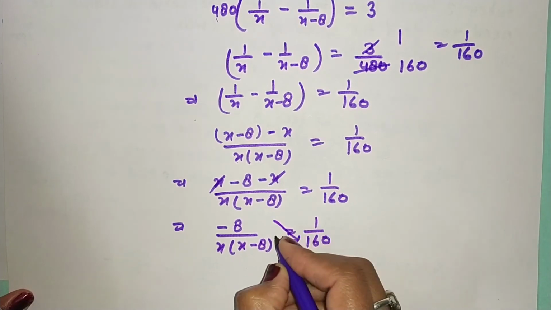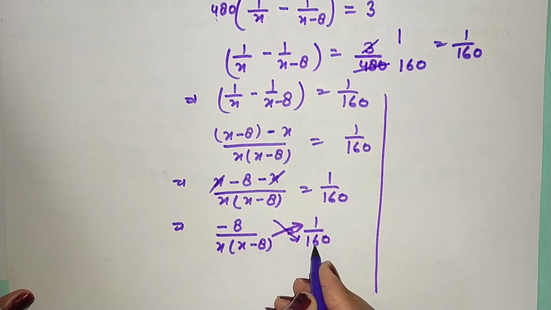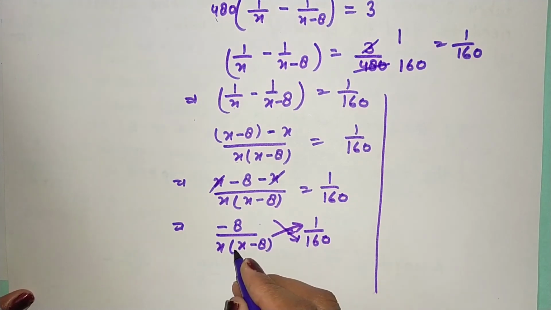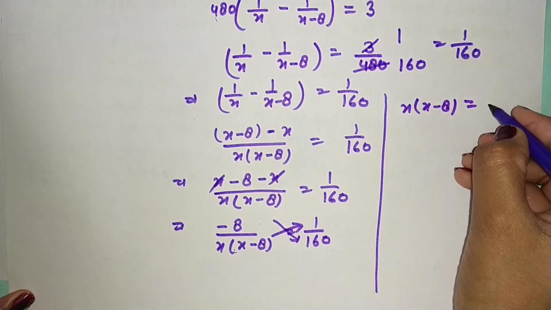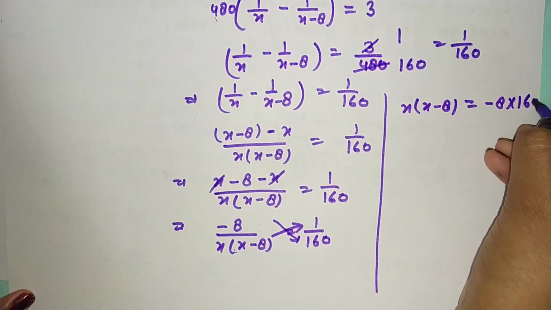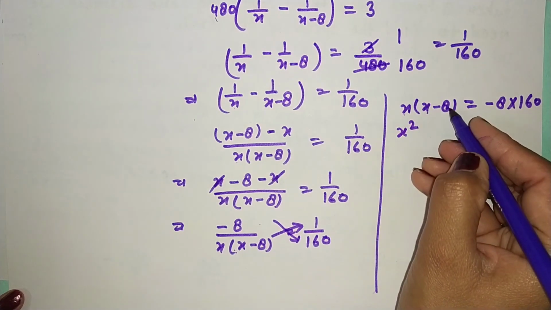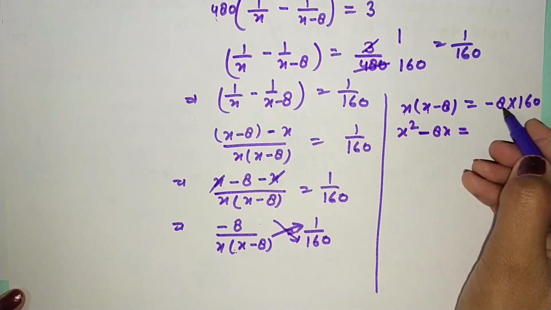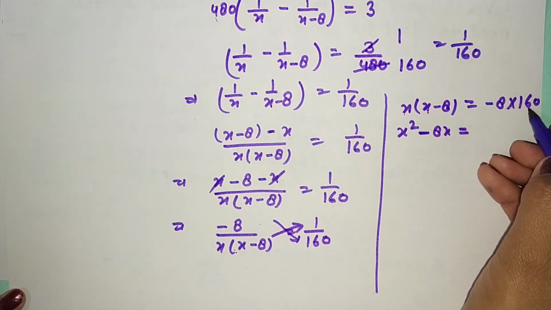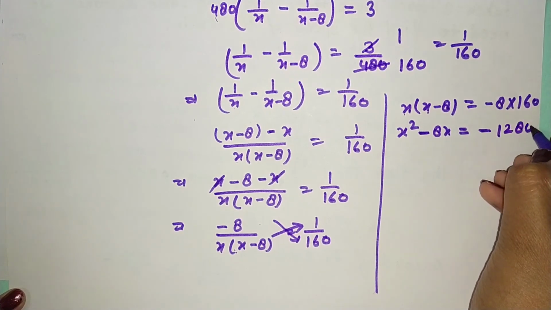Now by cross multiplication, we get x into x minus 8 is equal to minus 8 multiplied by 160. X multiplied by x becomes x squared, and x multiplied by minus 8 becomes minus 8x, is equal to minus 1280.